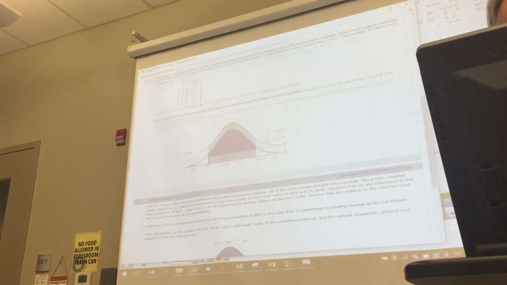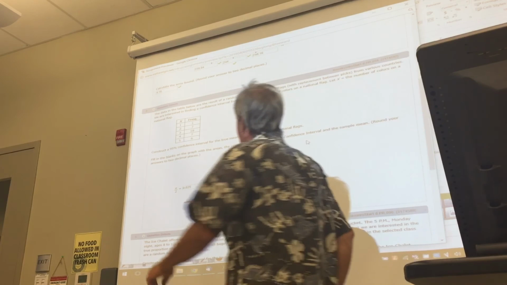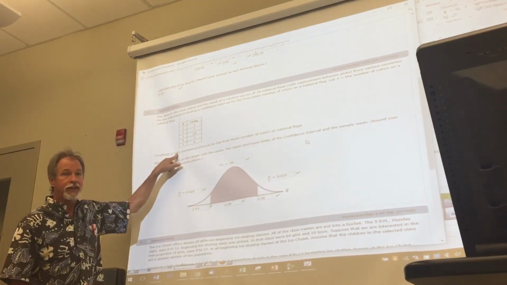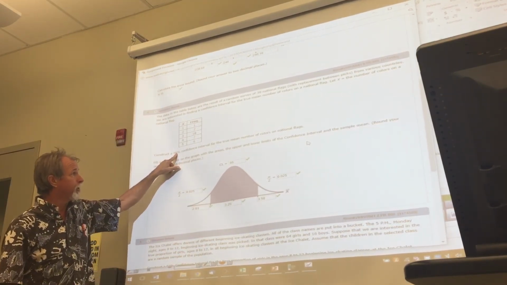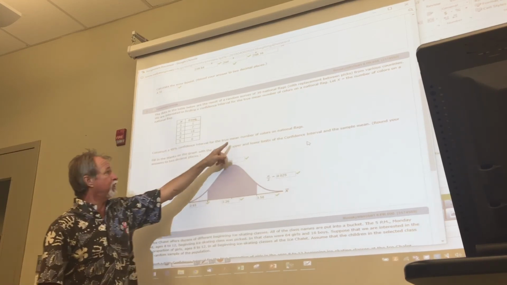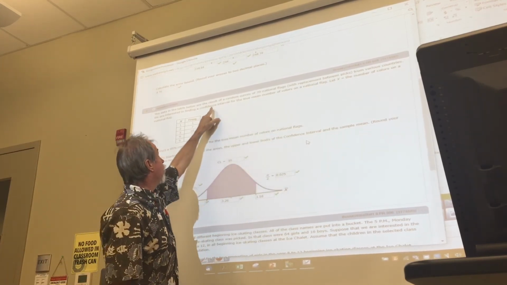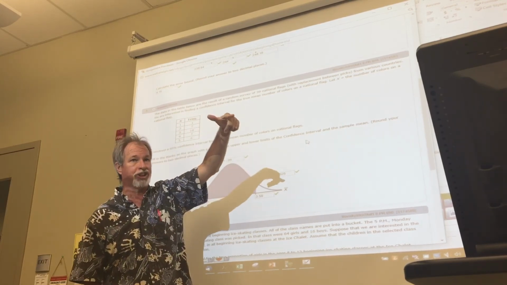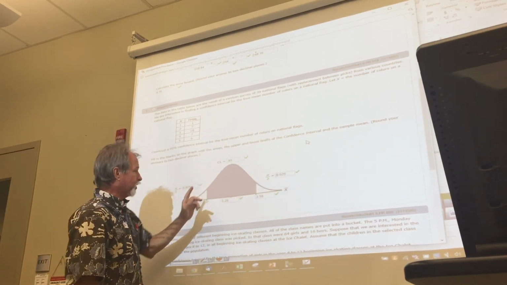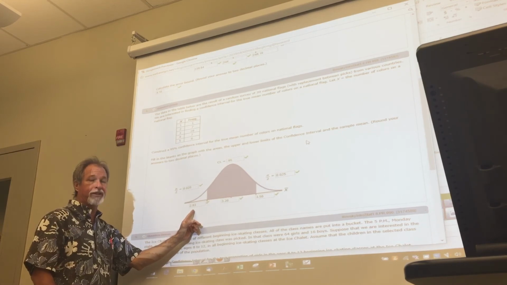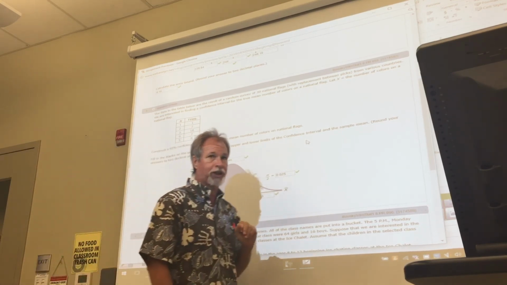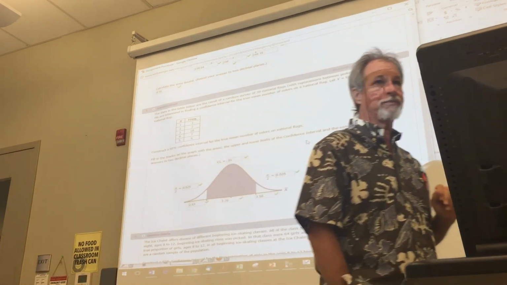If I go back and look at this problem, I am 95% confident that the mean colors of the national flags of all nations, or the population, is between 2.93 and 3.58.